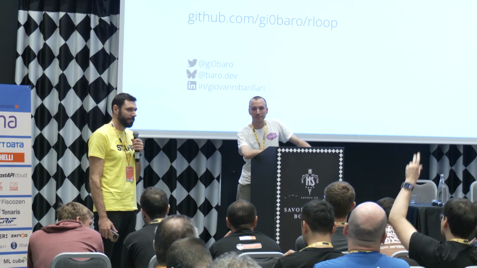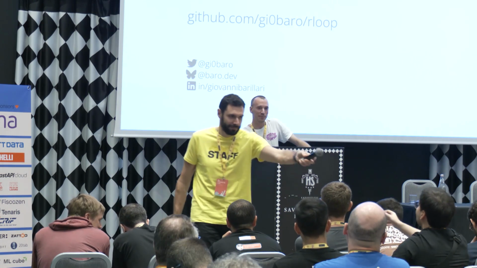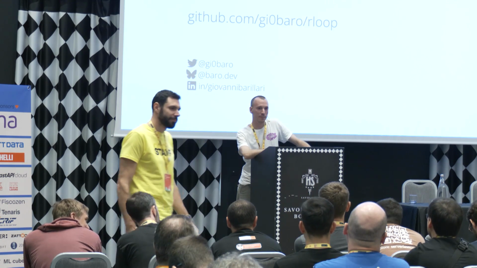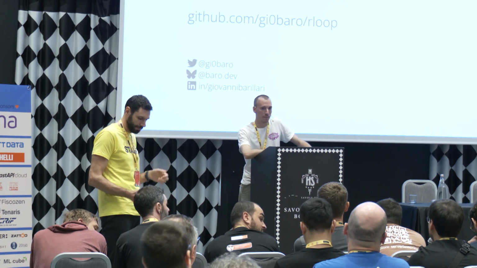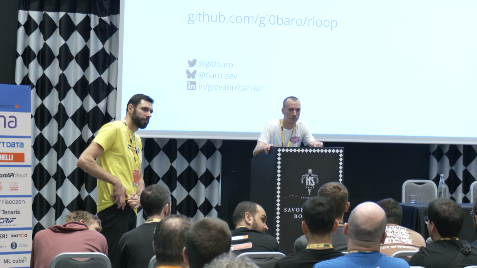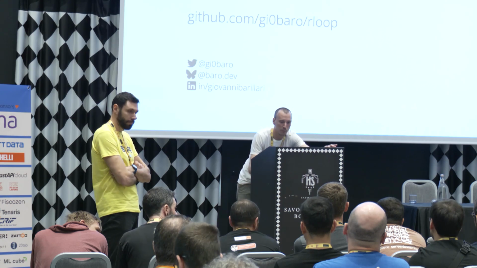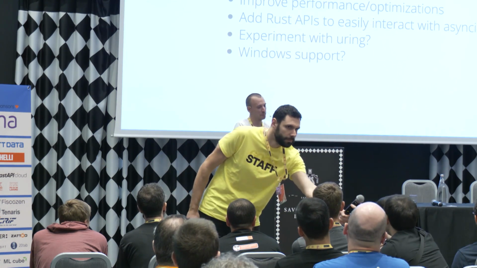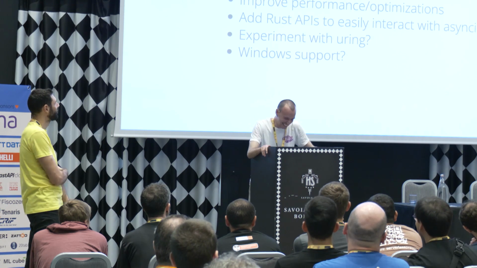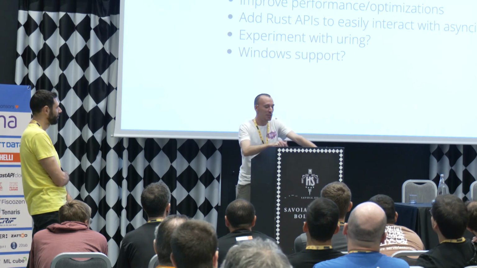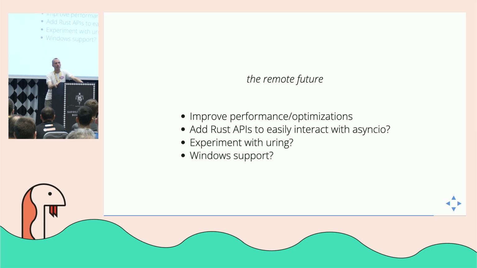Other questions? If you're implementing the event loop from scratch in Rust, which I assume you are, wouldn't it be possible to use a different backend, for example io_uring instead of epoll? Yes, sorry, I was a bit speedy on this one, but yes.